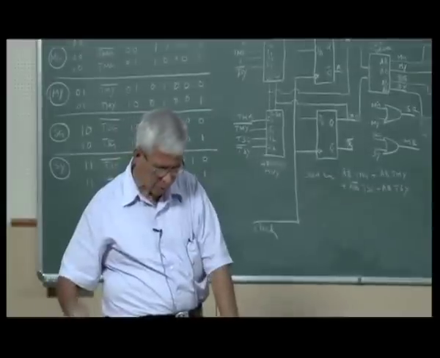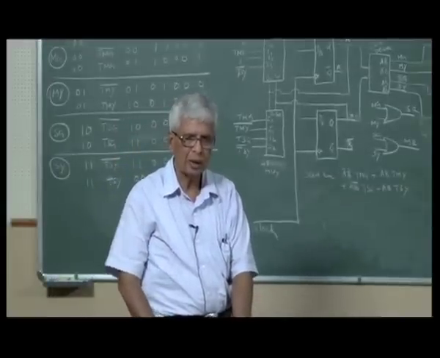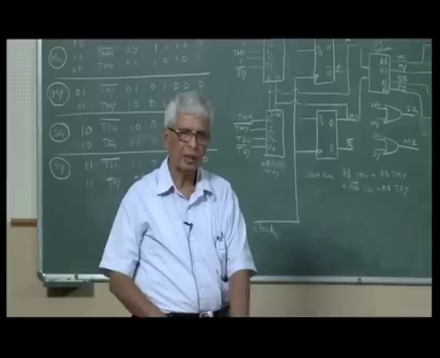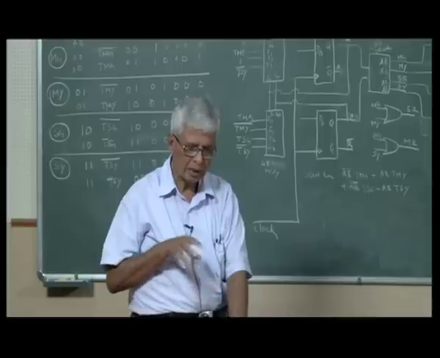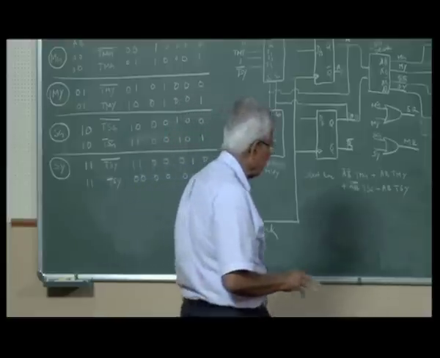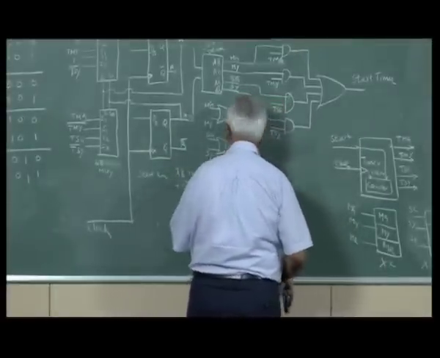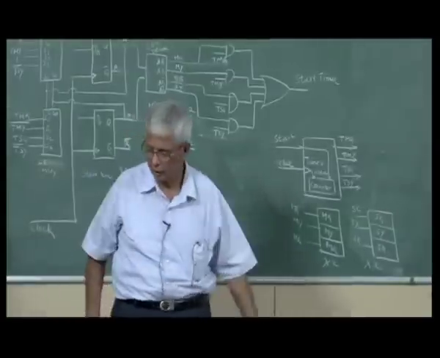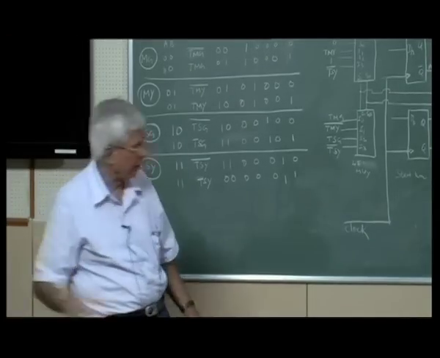You go with the specifications, look at what are the components required, what are the control signals required, the signals required for the components. In this case, start timer is a control signal. I should develop it, I should generate it.